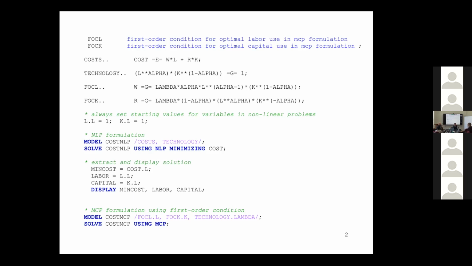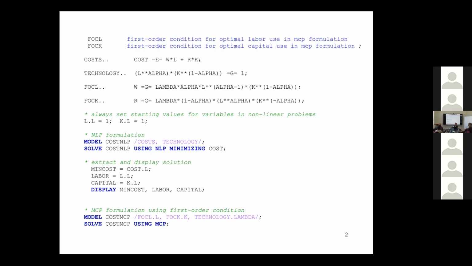Basically, for the MCP, no, let me rephrase, what of those four do you need? Well, the model declaration tells which of the equations you're using, and it just ignores the other ones. Okay, so the NLP is cost and technology, so that's where you don't need the first orders.